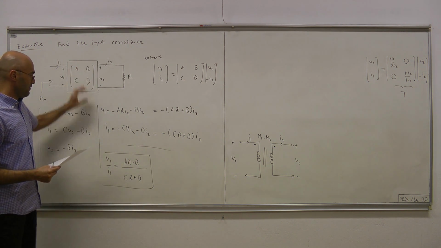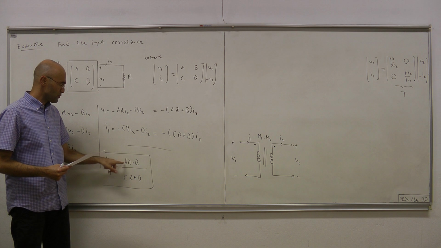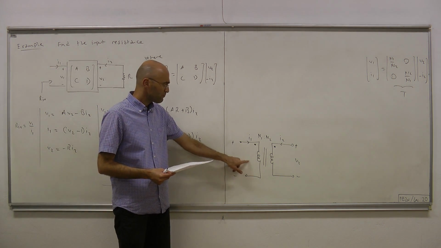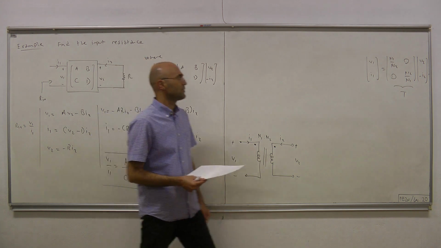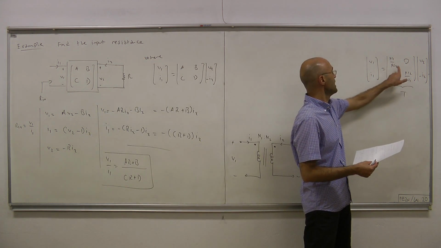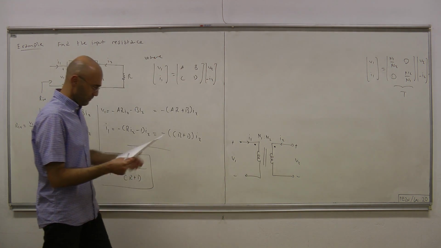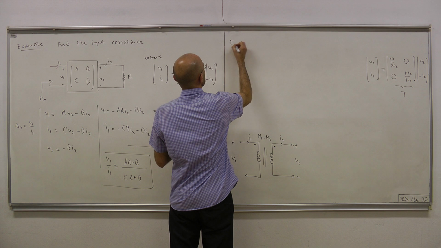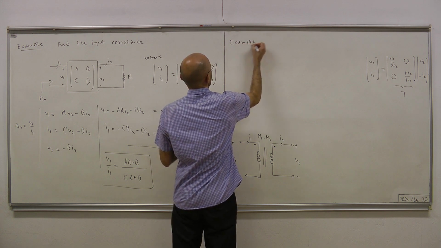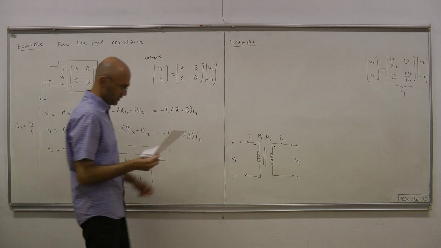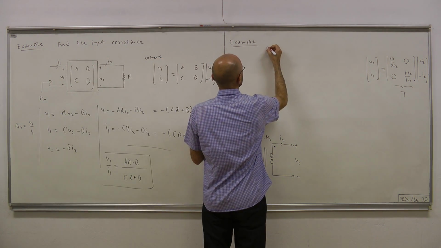For this case, we have input resistance in terms of A, B, C, D, and R here, and for the ideal transformer, we have the transmission matrix parameters A, B, C, D here. So, in our third example, we're going to now combine the previous two examples.